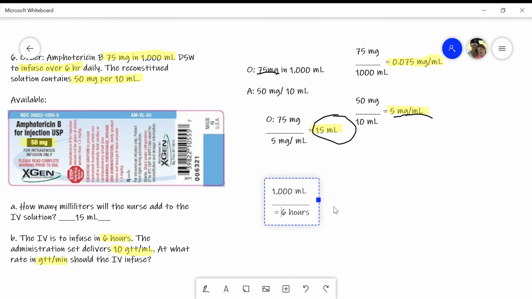And that's going to give you 166.7 milliliters an hour. That's our flow rate.